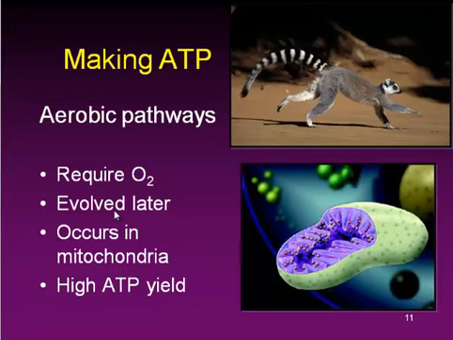Now, while the anaerobic pathway occurs in cytoplasm, the aerobic pathway occurs in the mitochondrion. And this one is what separates us from those organisms that can only do the anaerobic pathway, like some bacteria, for example, because this produces a huge amount of ATP. Huge amount. So this is really an important part.